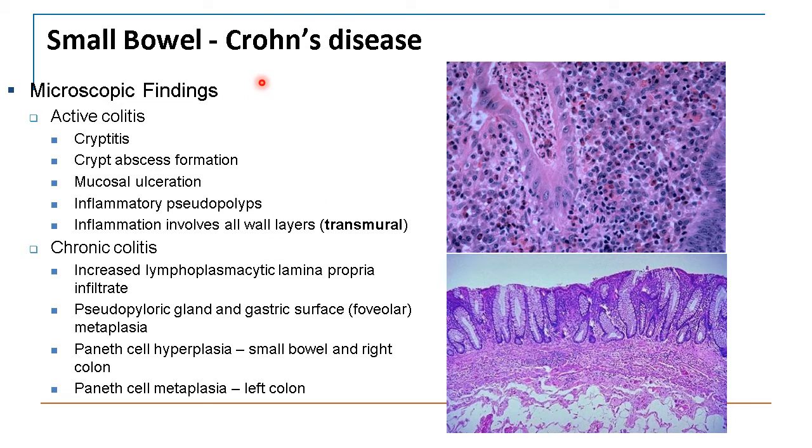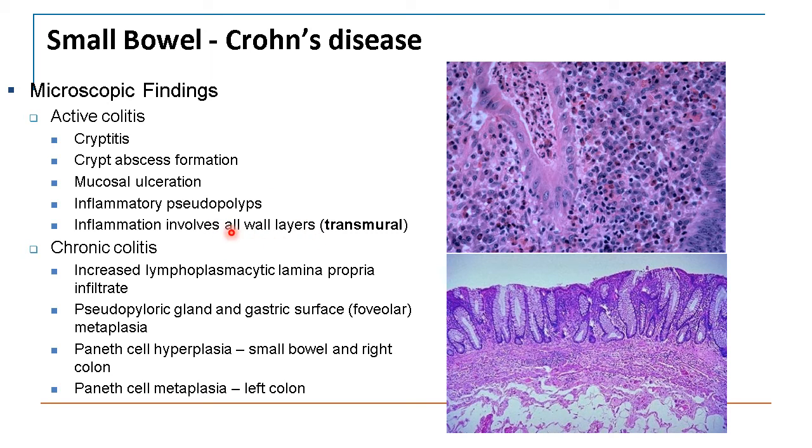Microscopically, in Crohn's disease you can find active colitis or chronic colitis. In active colitis, you will find cryptitis, acute inflammation of the crypts with neutrophils, and crypt abscess formation, mucosal ulceration, inflammatory pseudopolyps, and inflammation involving all the layers.